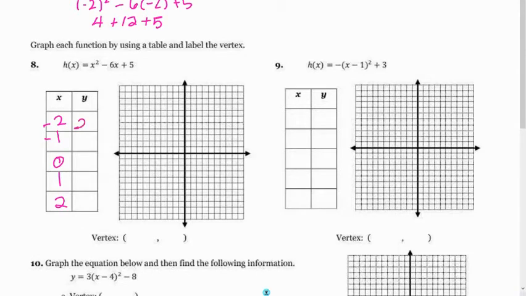So I think we get 21. Negative 1 squared minus 6 times negative 1 plus 5 is 1 plus 6 plus 5, so 12. 0 is the easy one because it goes 0, 0, and then 5.